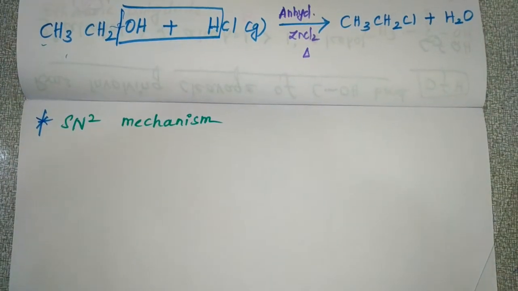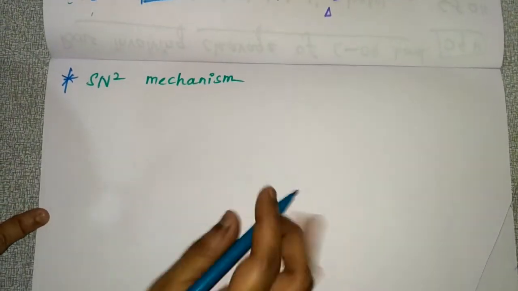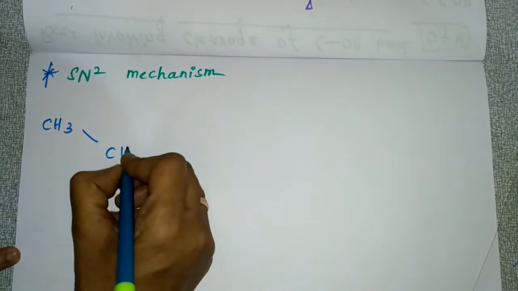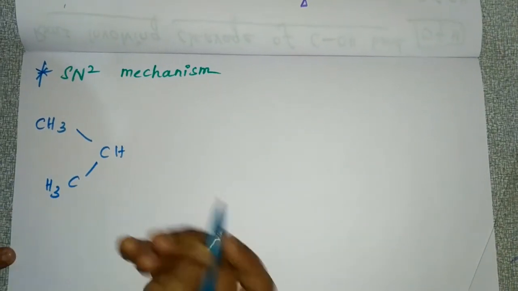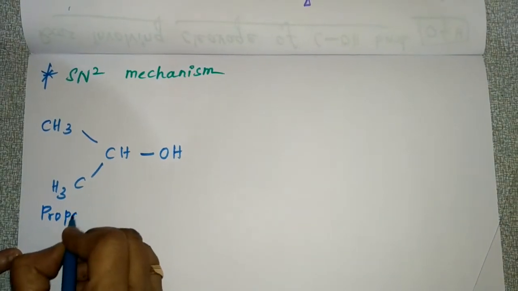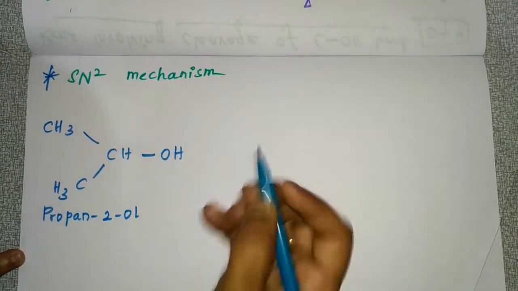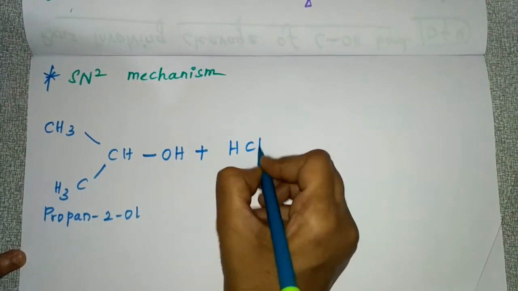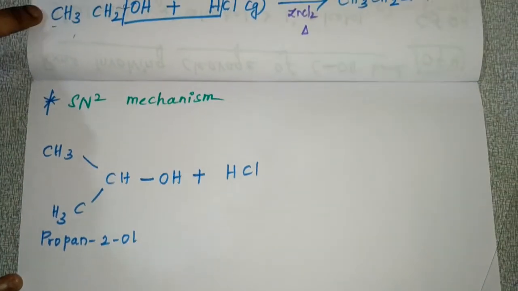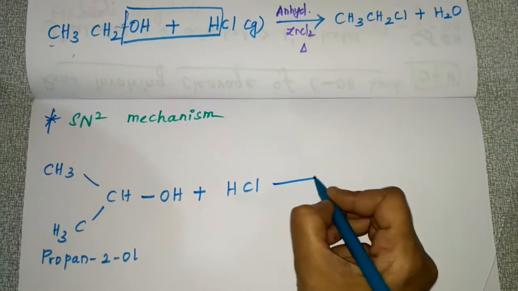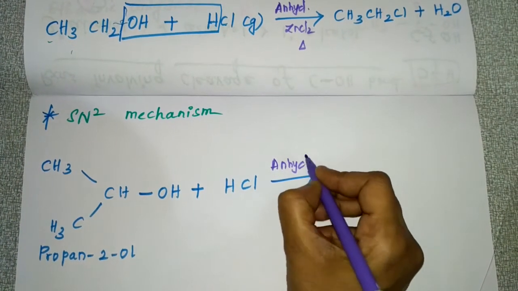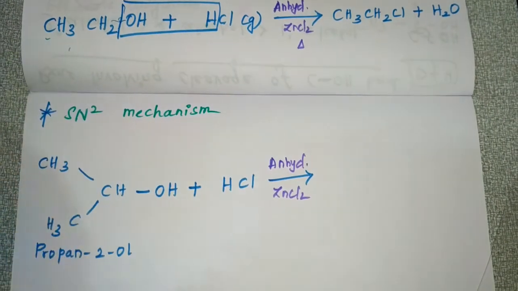Similarly, if you are using propan-2-ol, a secondary alcohol, CH3CH(OH)CH3, with HCl gas, then for primary alcohol as well as secondary alcohol you have to use anhydrous zinc chloride as a catalyst.